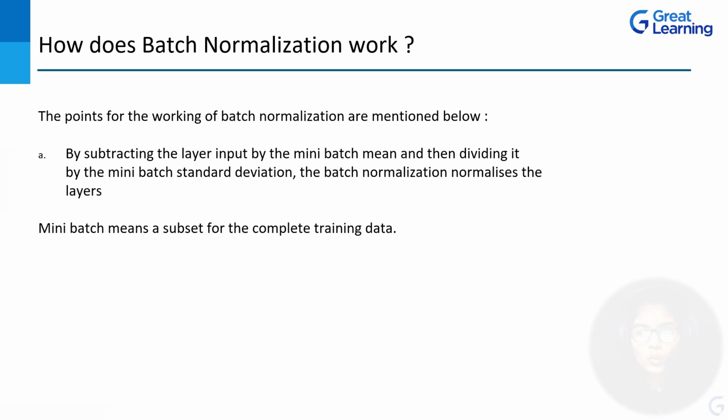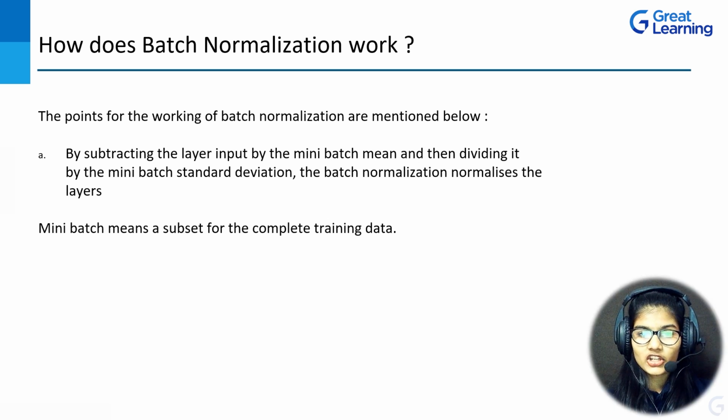Now, whatever we have got, we divide it by the mini batch standard deviation. From the subset of the complete training data, we find the standard deviation, and then the difference between the layer input and the mini batch mean is divided by the mini batch standard deviation.